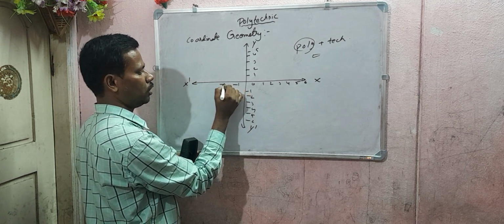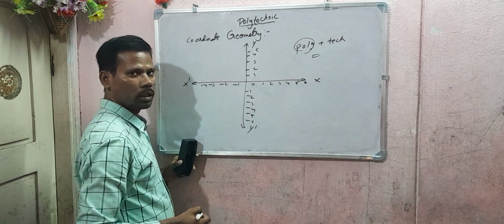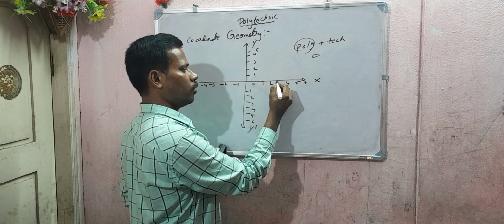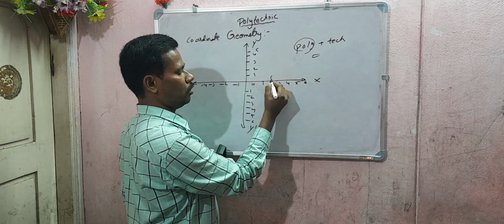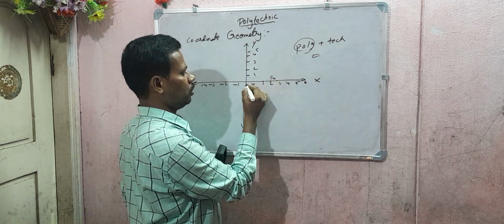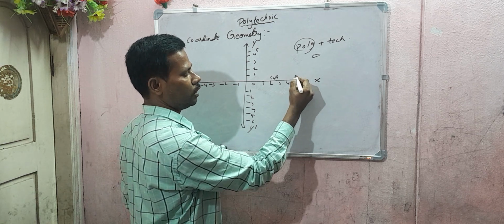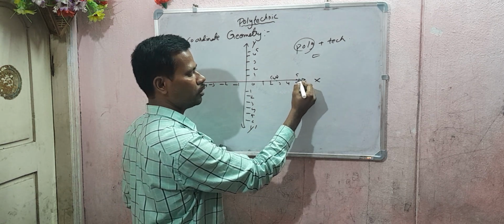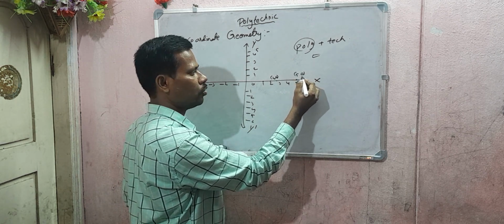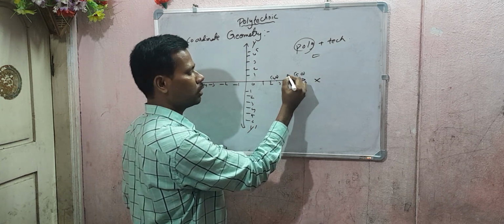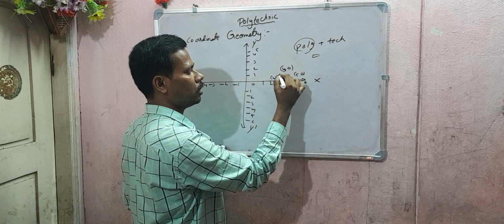If I want to mark a point here, the x coordinate is 2, and the y coordinate is 0. Another point: x coordinate is 0, y coordinate is 0. Next, x coordinate is 4, y coordinate is 0.